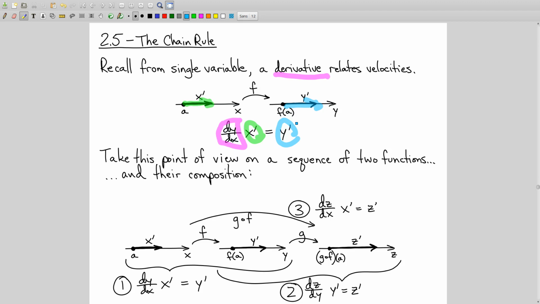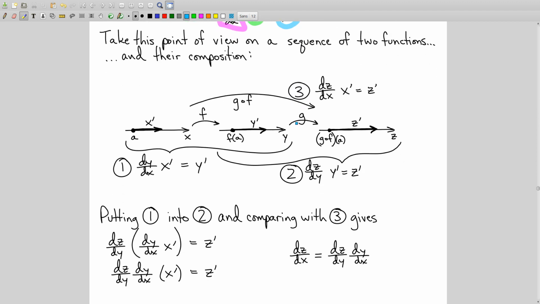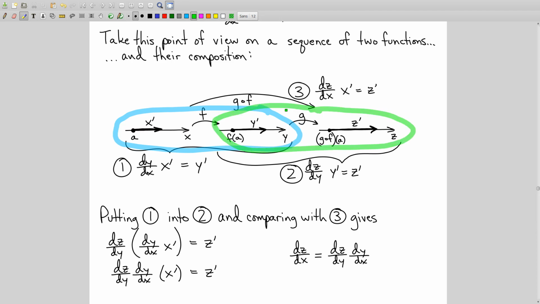Okay, so with that in mind, let me now compose a couple of functions here. We have f, which turns x's into y's. Then we have g, which turns y's into z's.